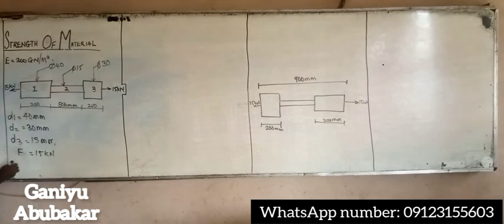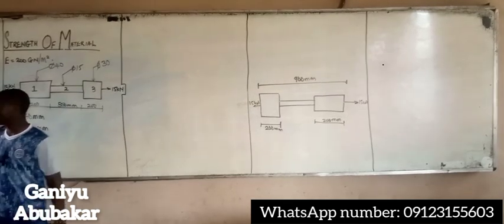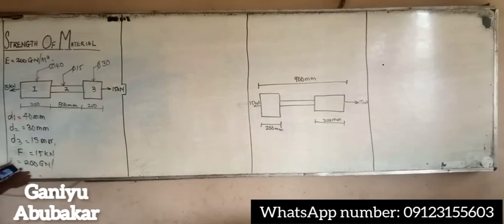Let's convert this. I have E to be 200 giganewton per meter square. Giga is 10 to the power 9, right?